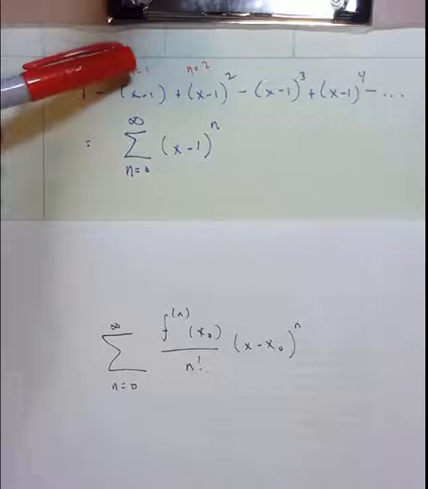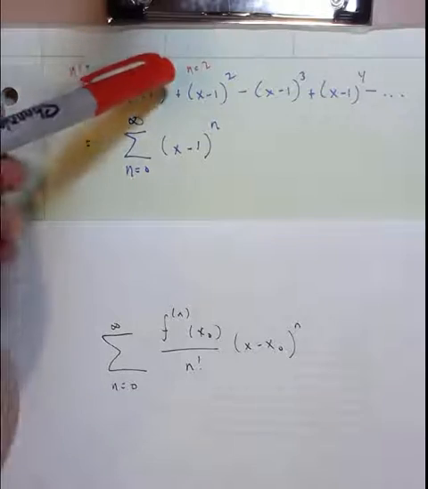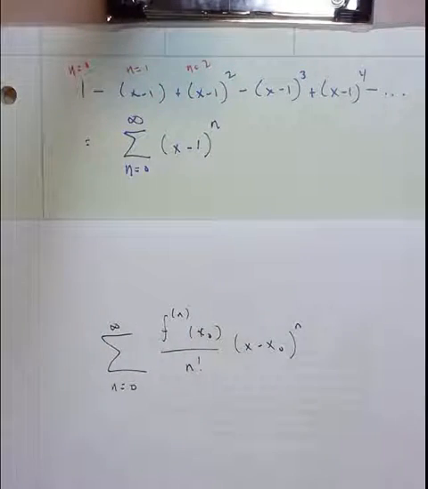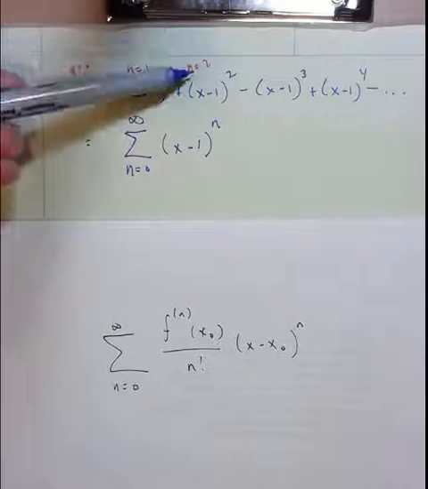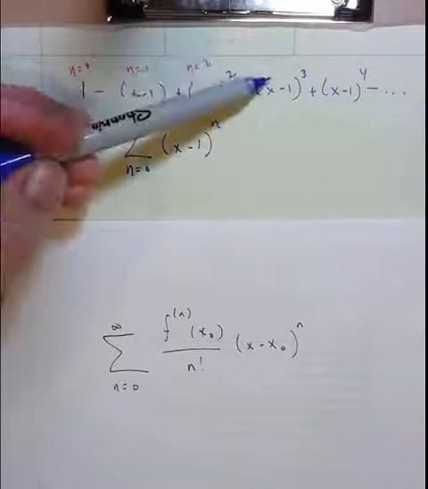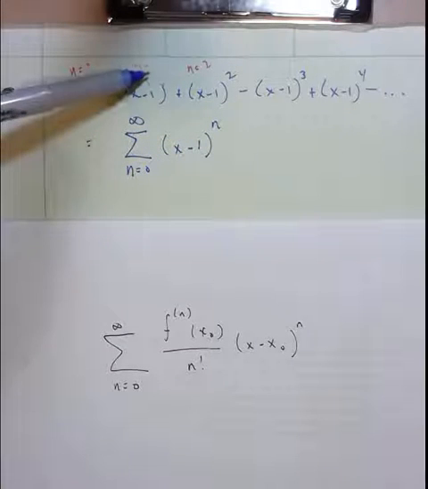This x minus 1 is the n equals 1 term. This x minus 1 squared is the n equals 2 term. So notice the distinguishing factor is just the exponent, and the exponent matches the counter at each term. For the n equals 2 term, the exponent is 2. For the n equals 3 term, the exponent is 3. For the n equals 1 term, the exponent is 1.